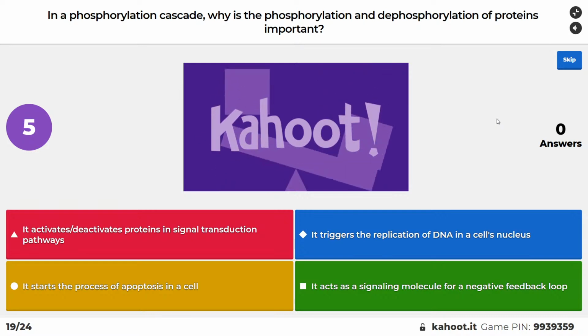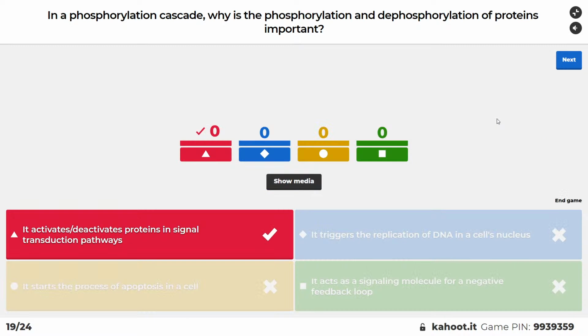Does someone want to explain what dephosphorylation is? Okay. So phosphorylation activates and deactivates proteins in signal transduction pathways. What phosphorylation does is add a phosphoryl group, which I believe is PO3 negative, and dephosphorylation is the removal of that group.